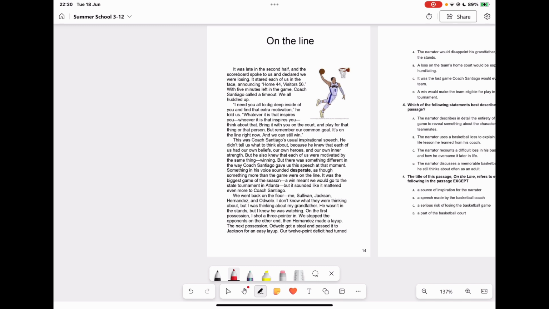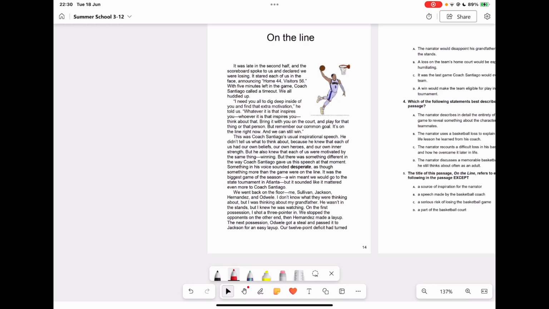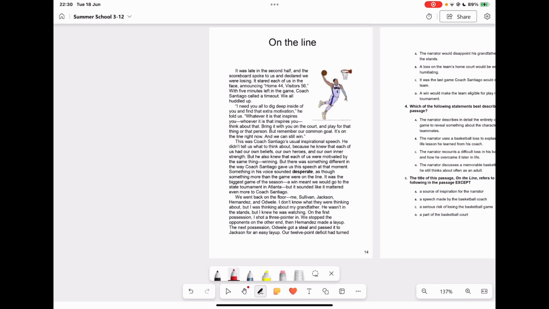This was Coach Santiago's usual inspirational speech. He didn't tell us what to think about because he knew that each of us had our own beliefs, our own heroes, and our own inner strength. But he also knew that each of us were motivated by the same thing, winning. But there was something different in the way Coach Santiago gave us this speech at that moment.